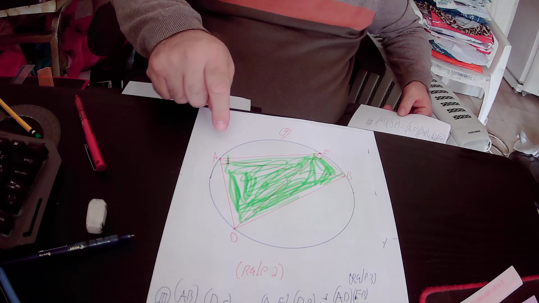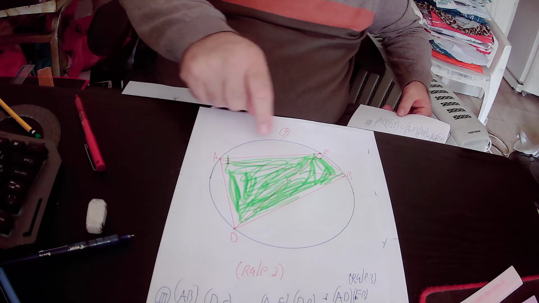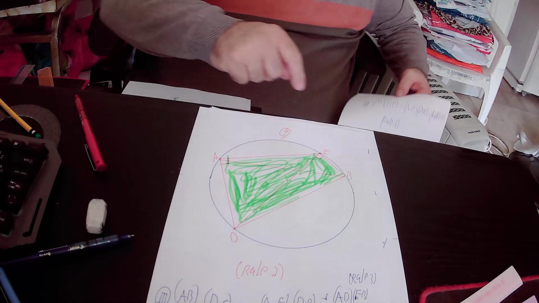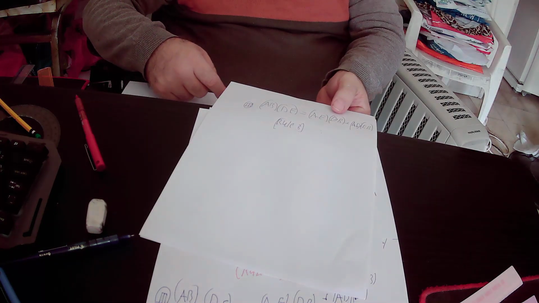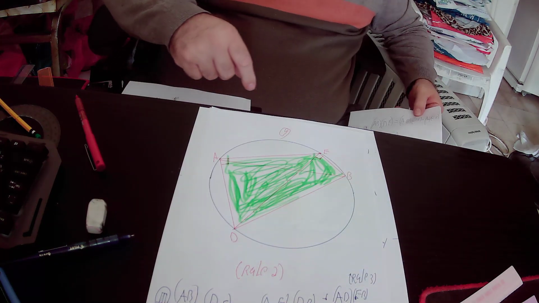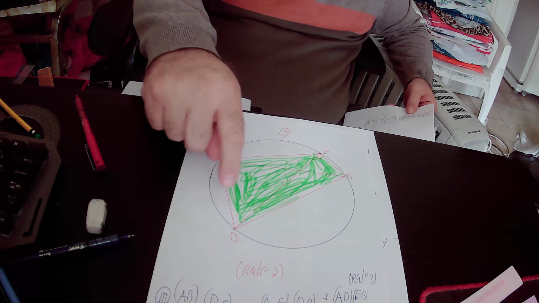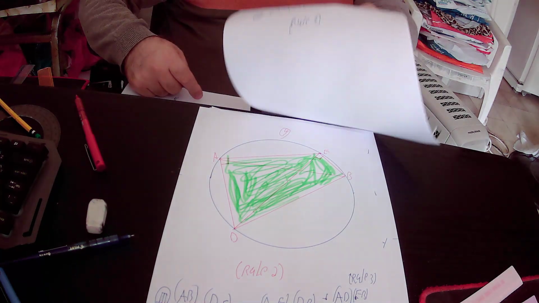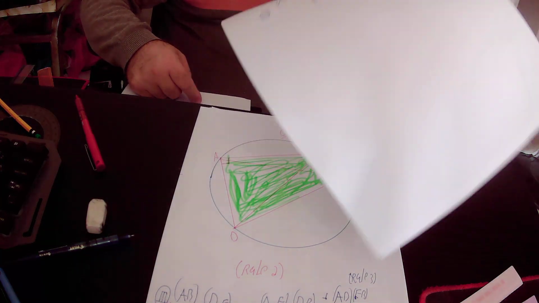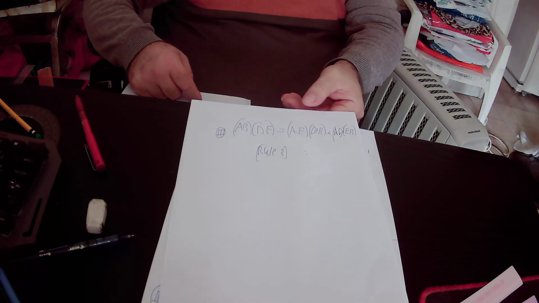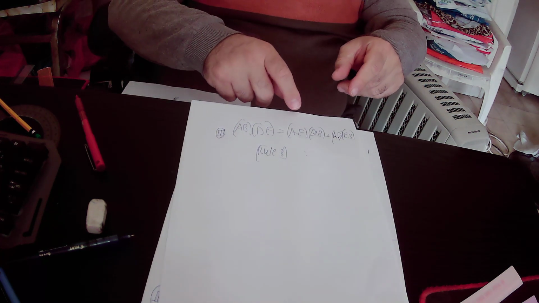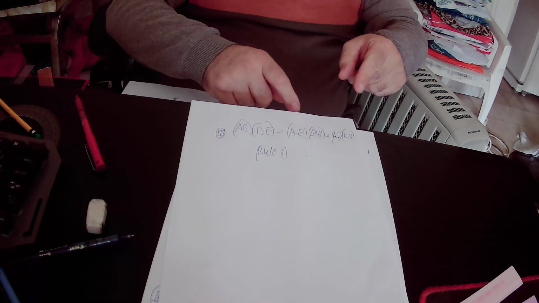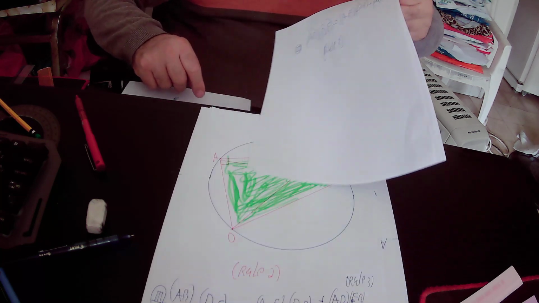The first product of its opposite sides is AE times DB, and the second is AD times EB, so the sum is AE times DB plus AD times EB.